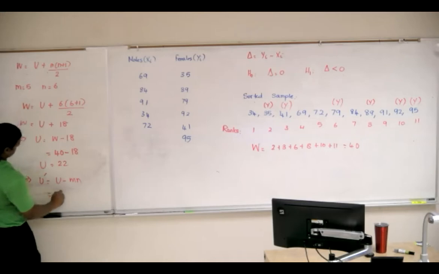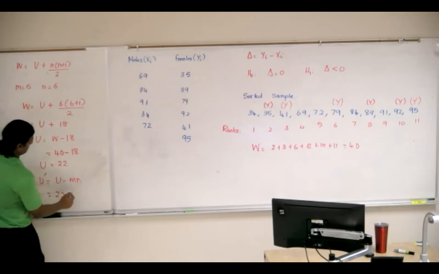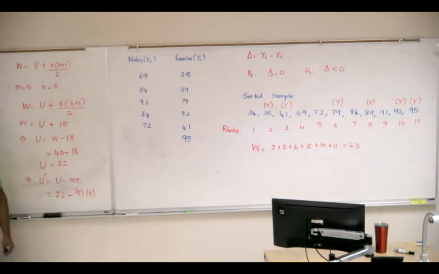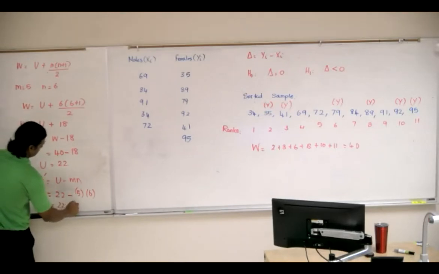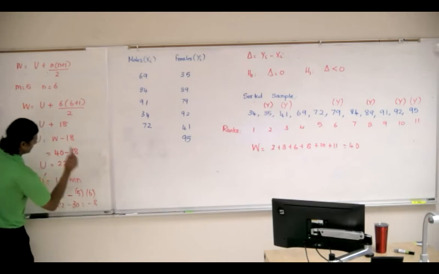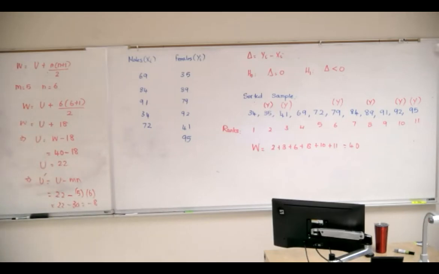So we'll have 22 minus m times n, 5 times 6, 30. Negative 8. Again, we can't have negative.